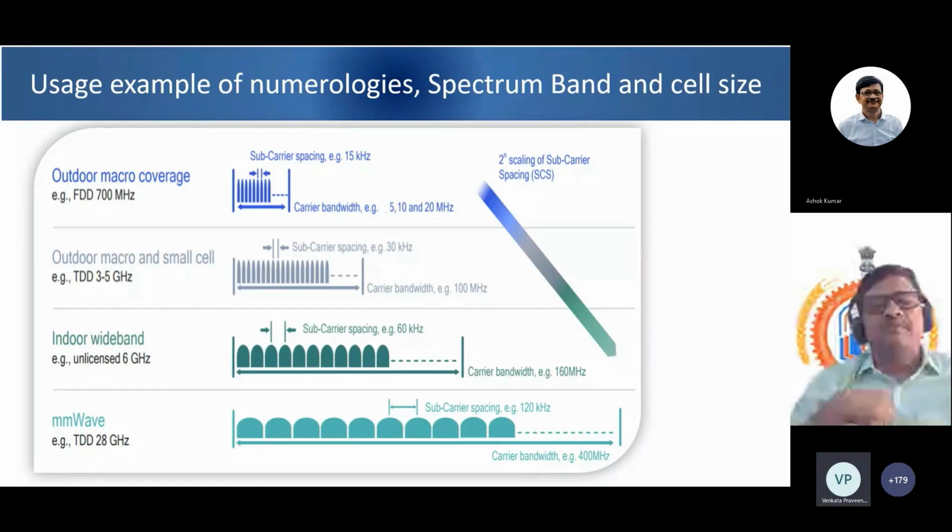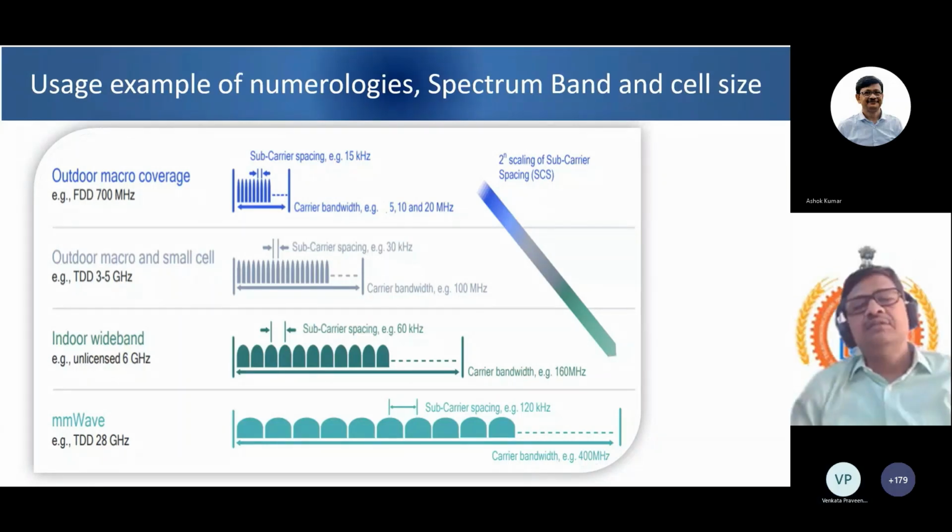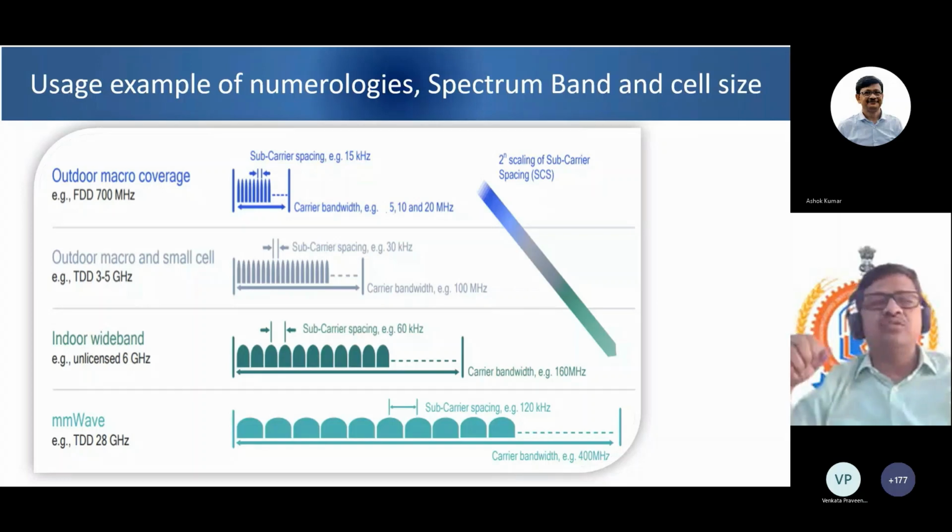So if they buy only 1 block, then even 5 megahertz carrier bandwidth they cannot use, no, sir? Am I right? Yes, in 5G, the minimum channel bandwidth is 5 megahertz. Below 5 megahertz, no system will work. Okay, got it. Thank you. Minimum channel bandwidth required in 5G is 5 megahertz as of now. So unless you have 5 megahertz, you cannot run a 5G system.